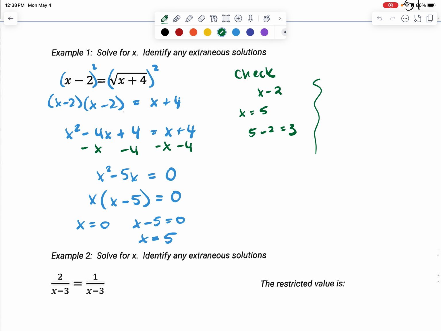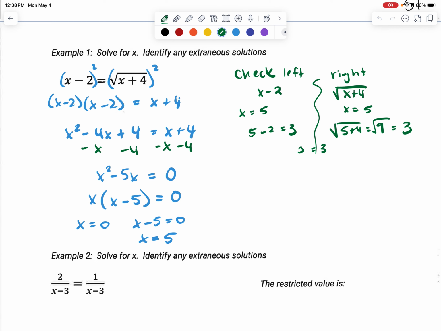This is the left. If we check the right side, it was the square root of x plus 4. Remember, we're going all the way back to the very original function, not the squared version, right? So if x equals 5 here, then we have the square root of 5 plus 4, that's 9, square root of 9, so that's 3.